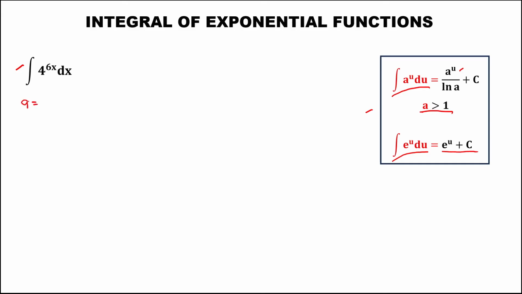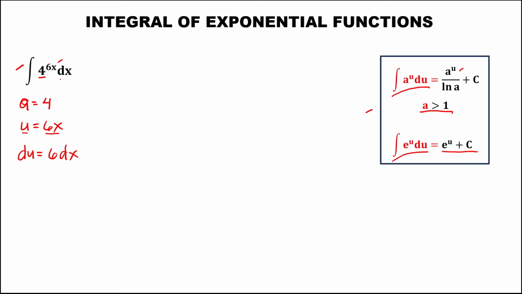Then for this given, to evaluate the integral using u substitution, we have a equals, a is the base, that's 4. Then u is the exponent, so this is 6x. Then for du, the derivative of 6x, this is 6, then we need to put dx.